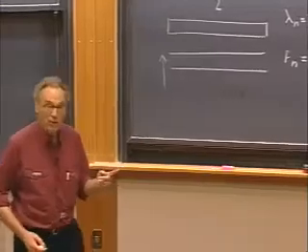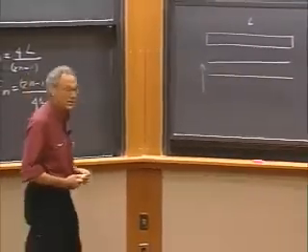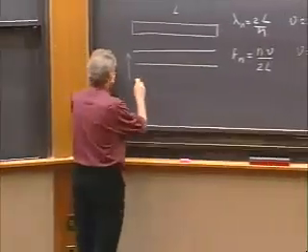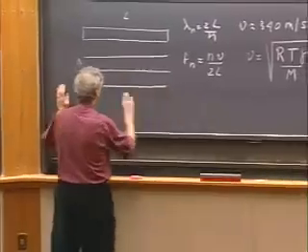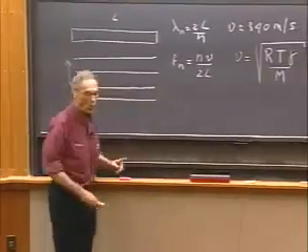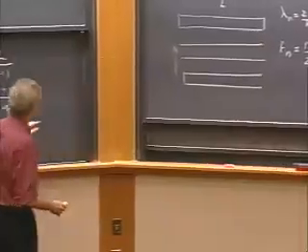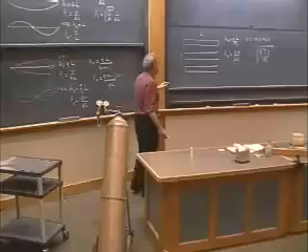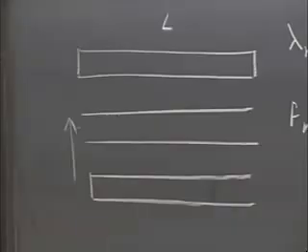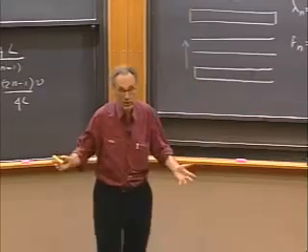Now, in the case of sound cavities, it is very easy to make a system which is closed at one end and which is open at the other. Which you cannot do here, you can do that here. And so in this case, where one side of the cavity is closed and the other one is open, there are musical instruments.